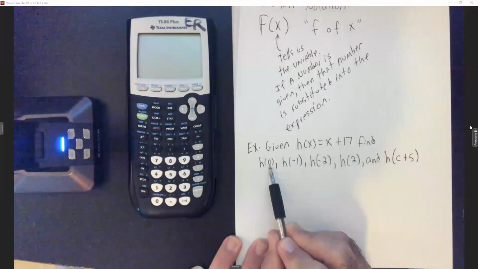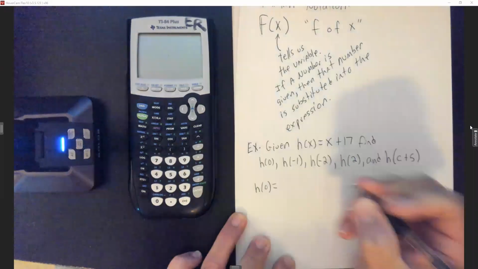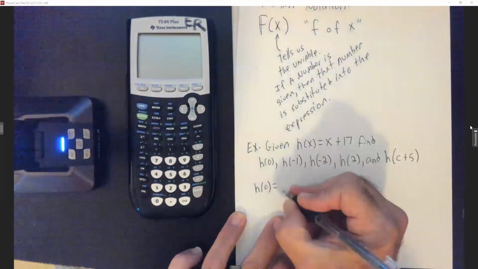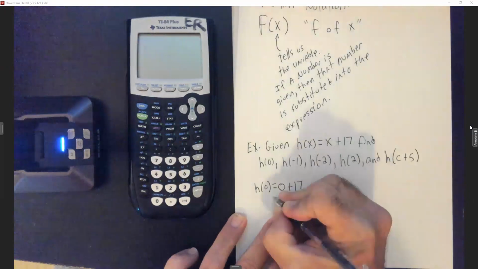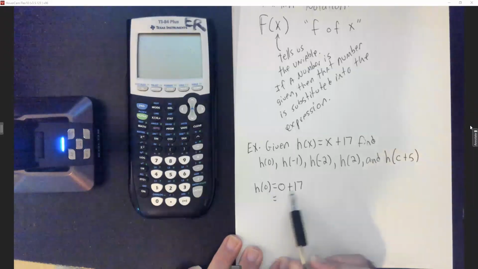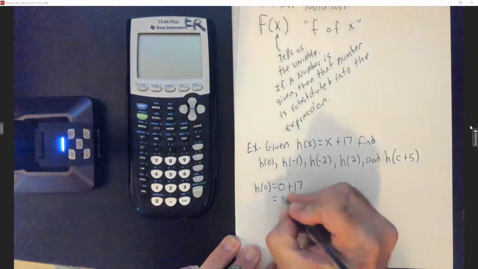And on this one, when they put a 0 in for the x, that means I take this equation, x plus 17, and put a 0 in for that x. Now, the left side, h of 0, is just symbolism. All you want to do is work the right side, so 0 plus 17 will give you 17.